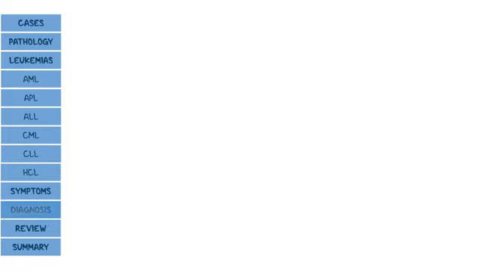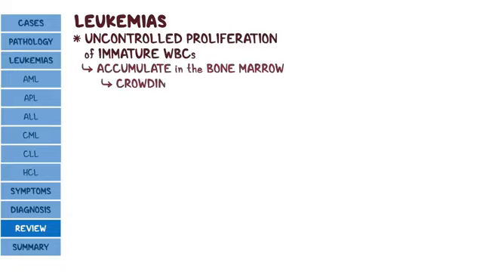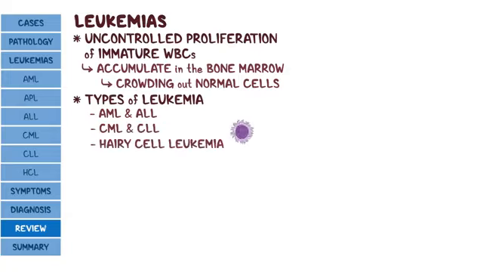Okay, to review. Leukemias can occur when there's uncontrolled proliferation of immature WBCs, which accumulate in the bone marrow, crowding out the normal blood cells. Leukemias include AML, ALL, CML, CLL, and hairy cell leukemia.